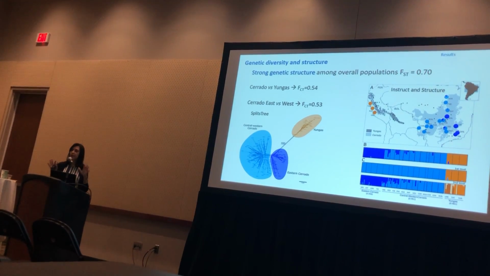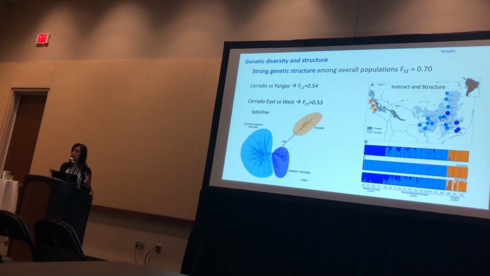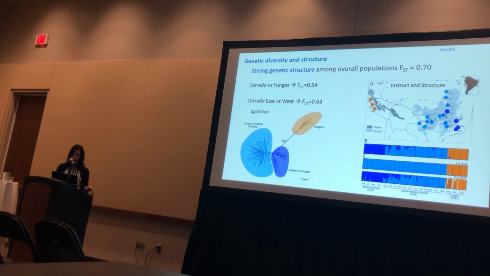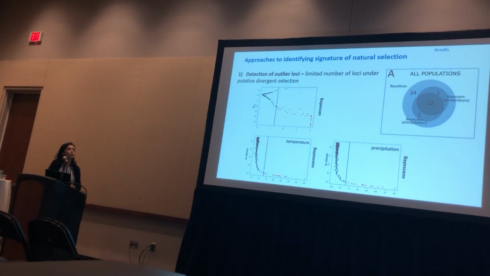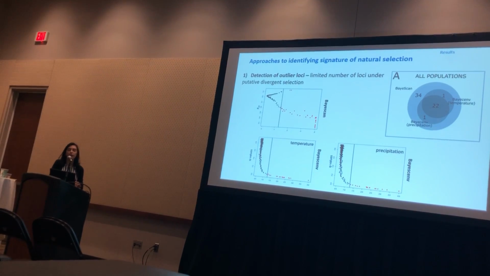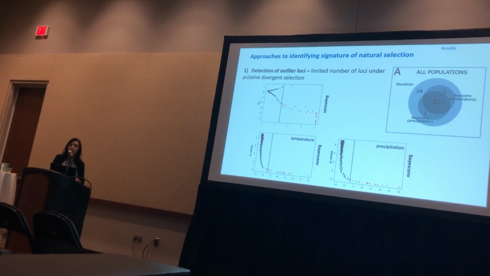So with these two results, I believe I can show you that drift should be expected to be very strong in these populations. And now we want to understand the signatures of natural selection. For that, we have three different approaches.